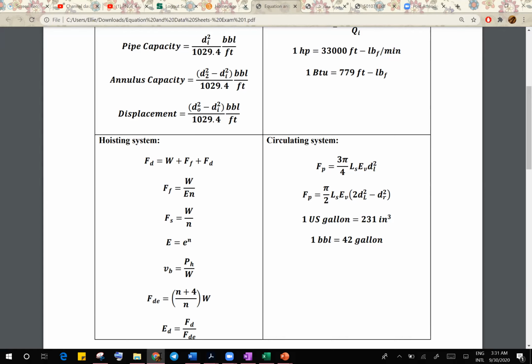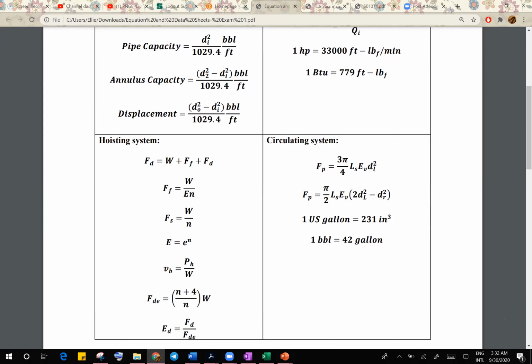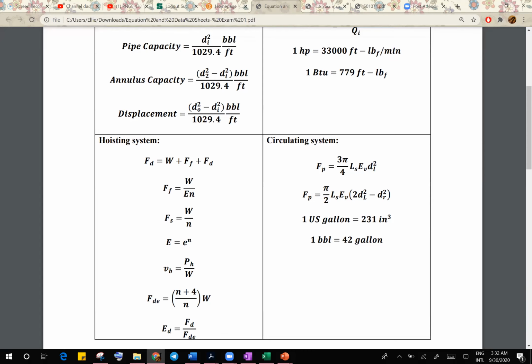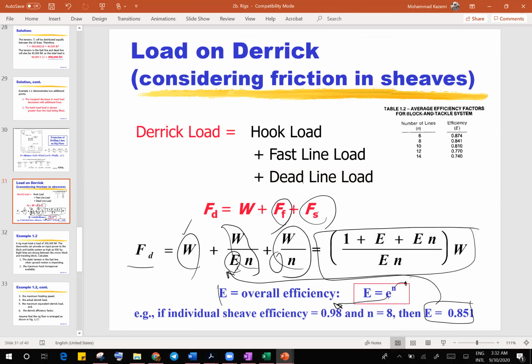I may give you a table, or I may not give you a table. So you just need to know how to use this equation to calculate the efficiency, right? It's just 0.98 to the power of n. That's it, that's going to give you the efficiency. Any other questions?